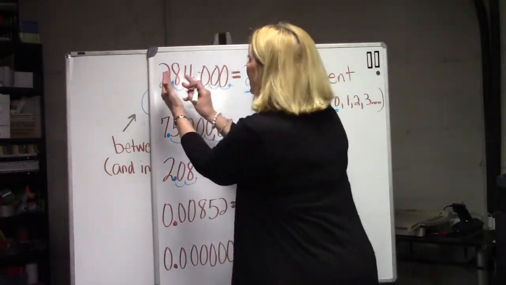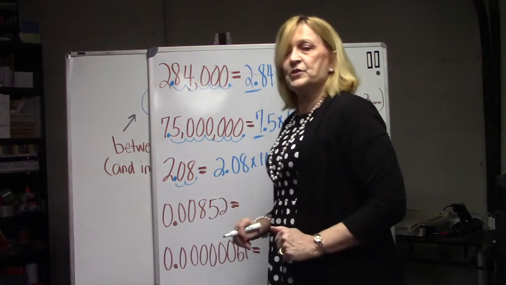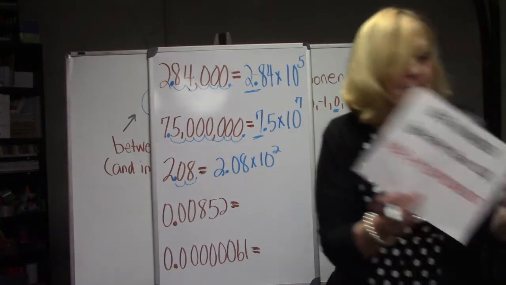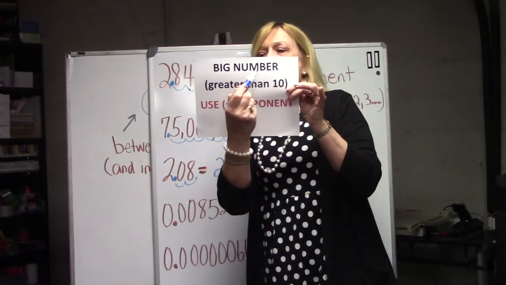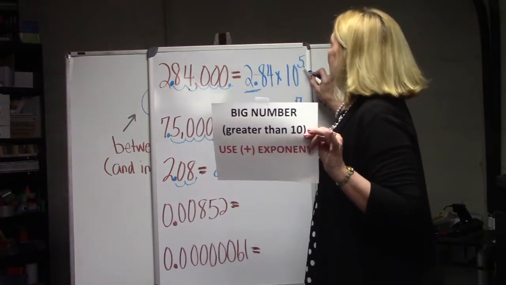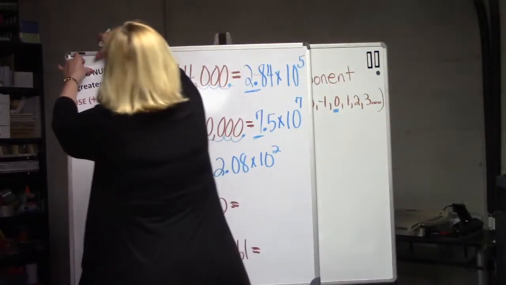Instead of making a larger number to a smaller number, a big number, which is greater than 10, we use positive exponents to show that, okay? So I'm going to take that right here.